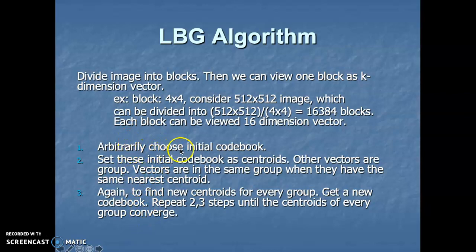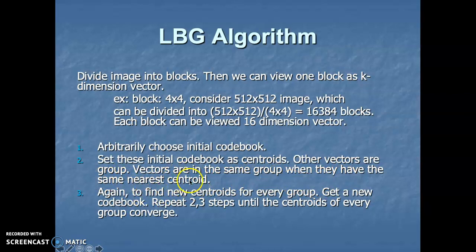First, arbitrarily choose an initial codebook, so initially you do a random codebook. Then you set this initial codebook as the centroids, so each codeword will have a centroid. Other vectors are grouped: vectors are in the same group when they have the same nearest centroid.